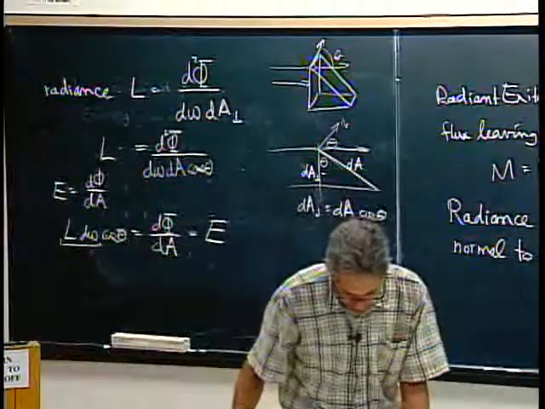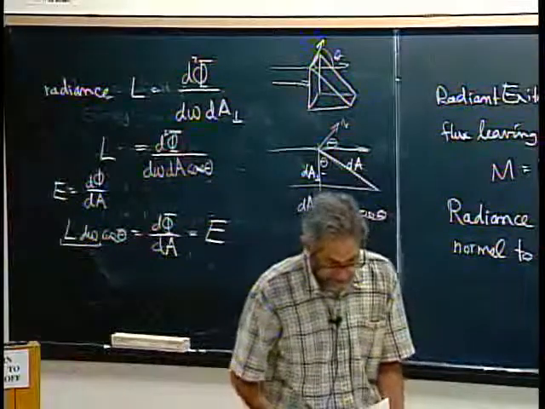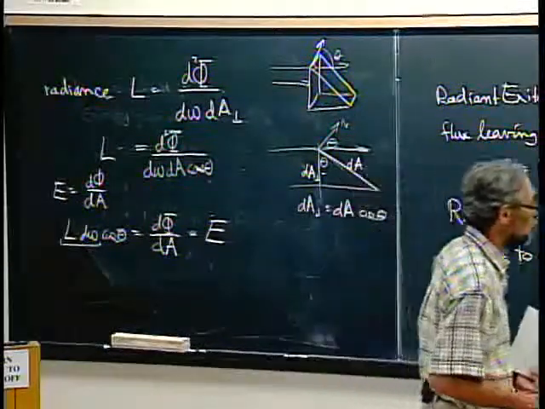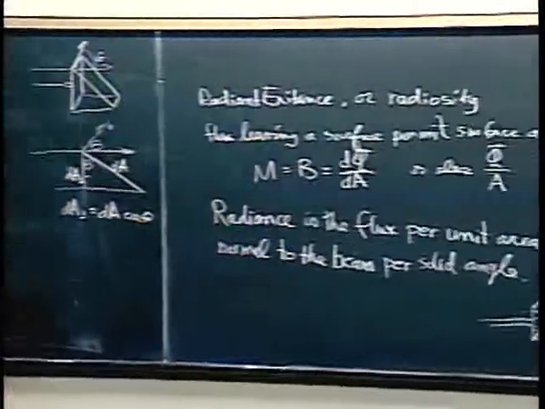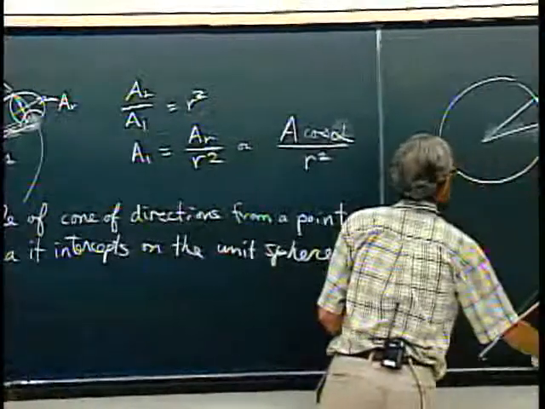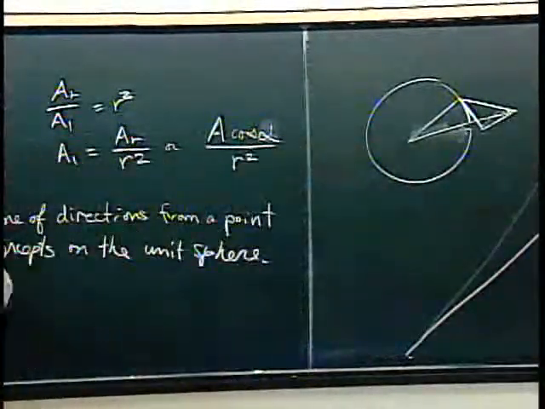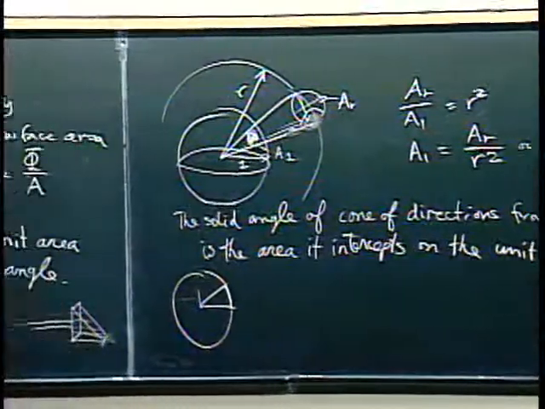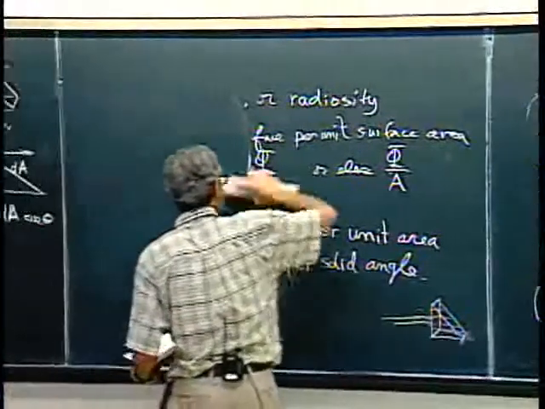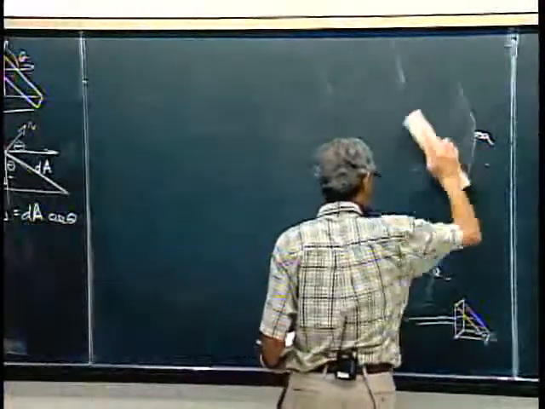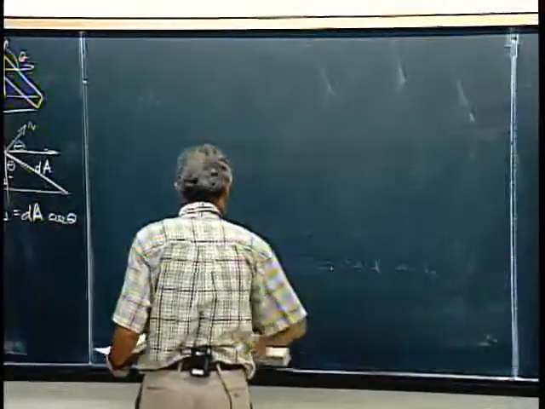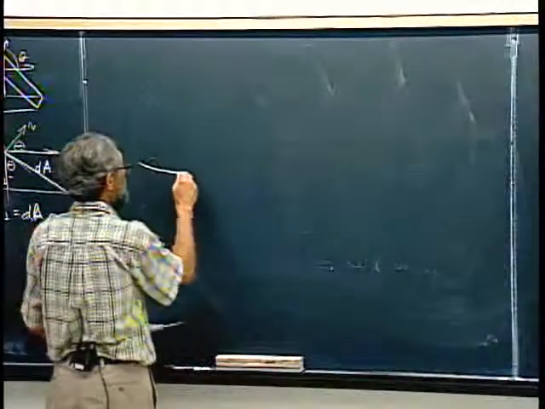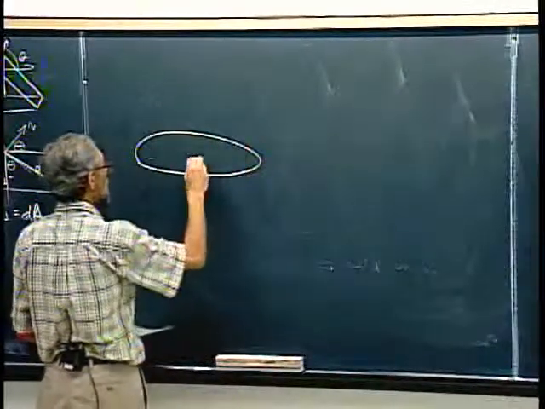Okay, so to actually do something like Lambert's law, we have to integrate over solid angles. And so what I want to do is talk about solid angles in the spherical coordinate system. So if we have a sphere, let me draw the big sphere here, just like on the other board.